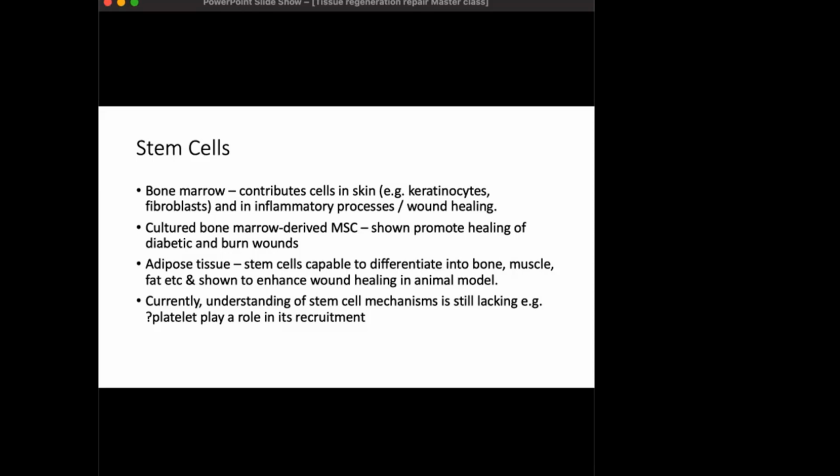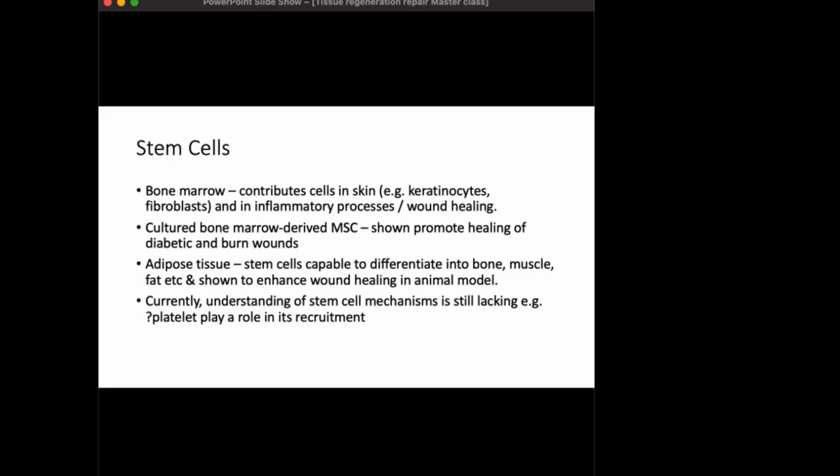It has been shown in studies that cultured bone marrow-derived mesenchymal stem cells promote healing of diabetic wounds and burn wounds. So they've done research on this, and the stem cells do actually promote healing.